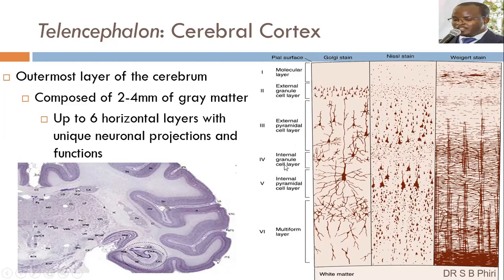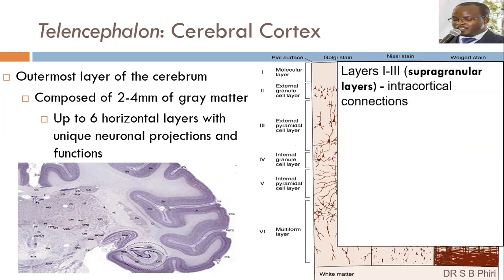Those layers that are under the internal granular cell layer are called the infragranular layer. So the 4th layer of the cortex is the one that is used to group different types of these layers. Okay, so like I said, you have layers starting from 1 to 3. Layer 1, 2, 3, these are called supragranular layers.